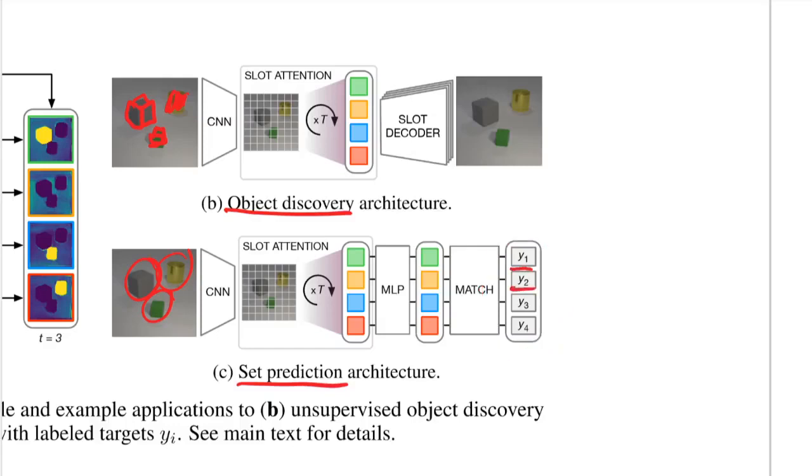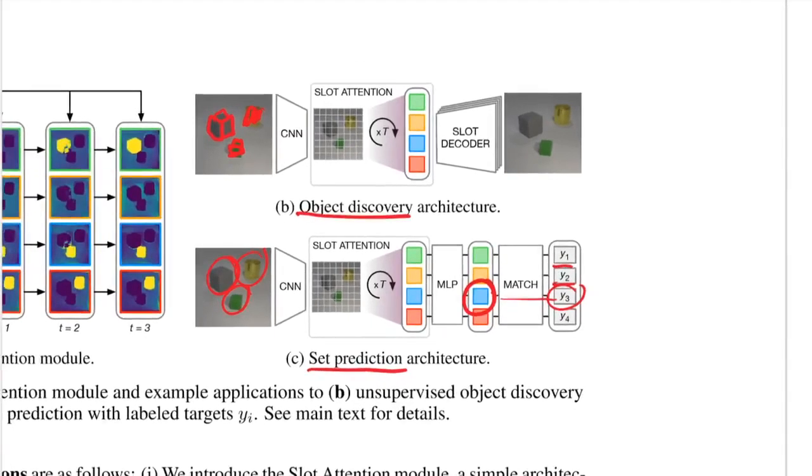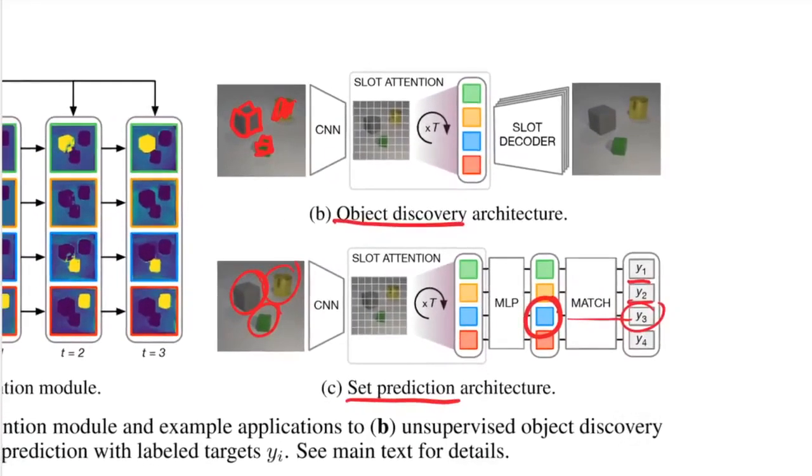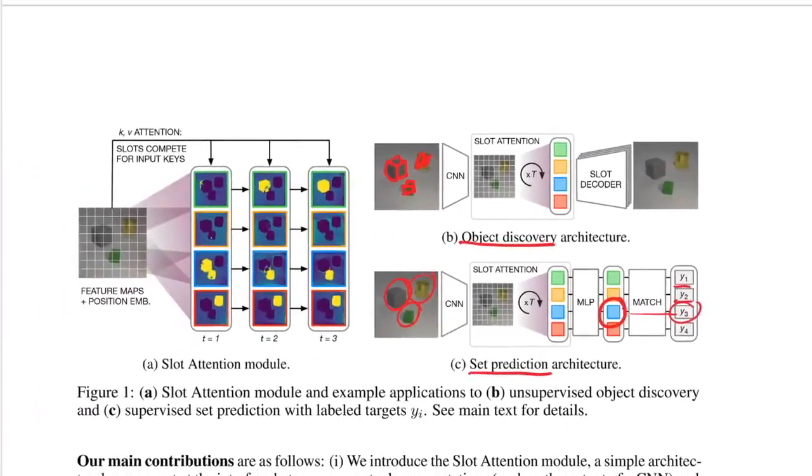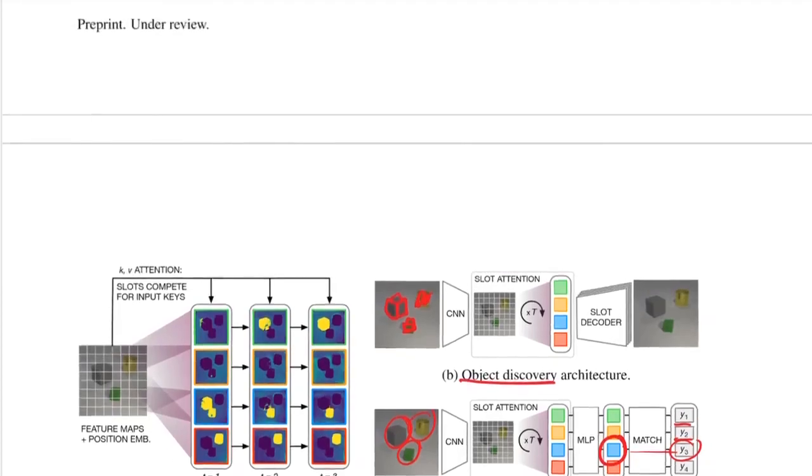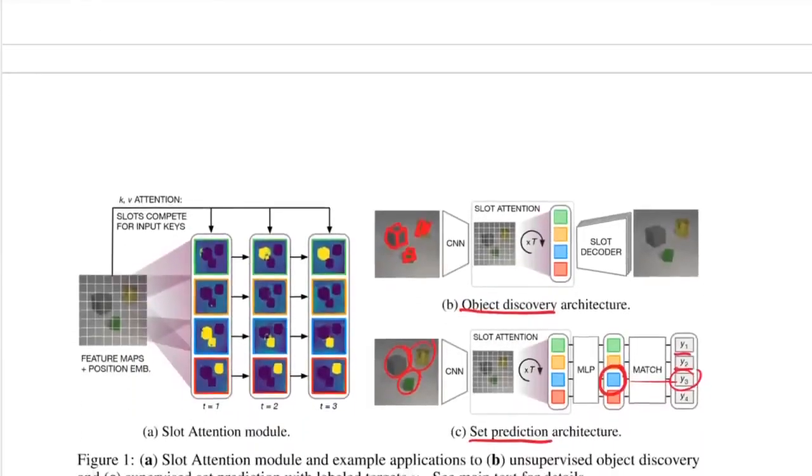And you'll have to come up with an architecture that if here you predict that green cube, you consider it correct, even though the corresponding label isn't the one for the green cube. And we saw this, for example, in this DETR architecture by Facebook, where they use a matching loss, but we'll get into that. Okay, so these are the tasks. The tasks are object discovery and set prediction. So how does this paper deal with this?